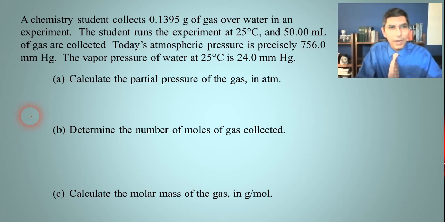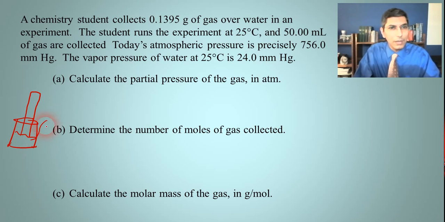We essentially have a pool of water here, so we can imagine a beaker or some kind of pool of water. We're collecting gas in a test tube over that pool of water.